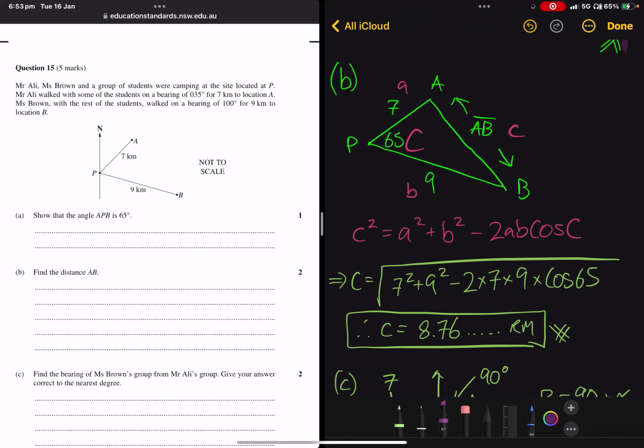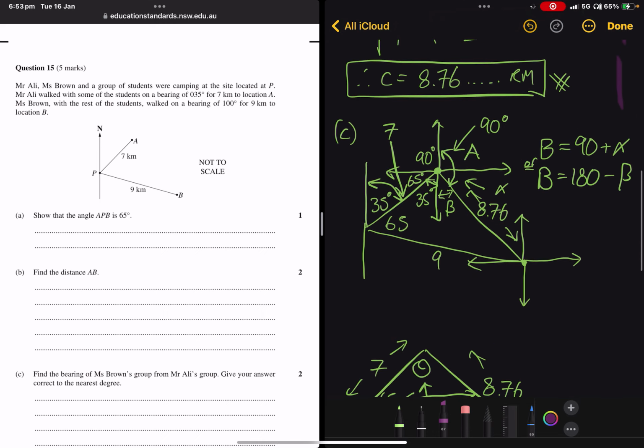So if you use cosine rule to find the distance, that will get you some marks, but to get 2 marks for section B, because B is out of 2, you will need the use of cosine rule and then a correct solution. So correct solution is the criteria for 2 marks.